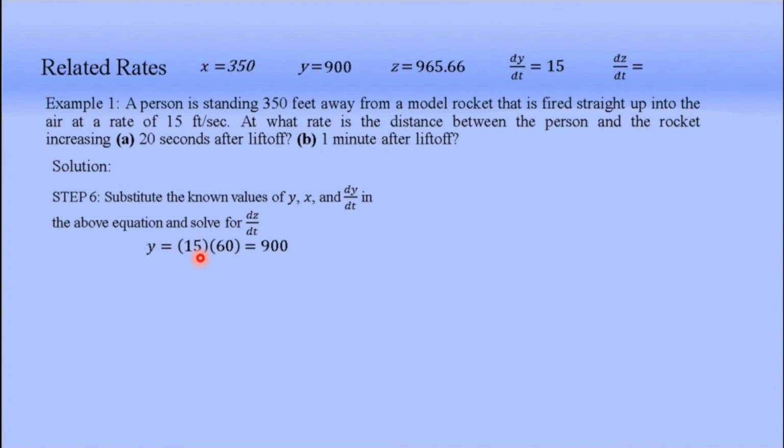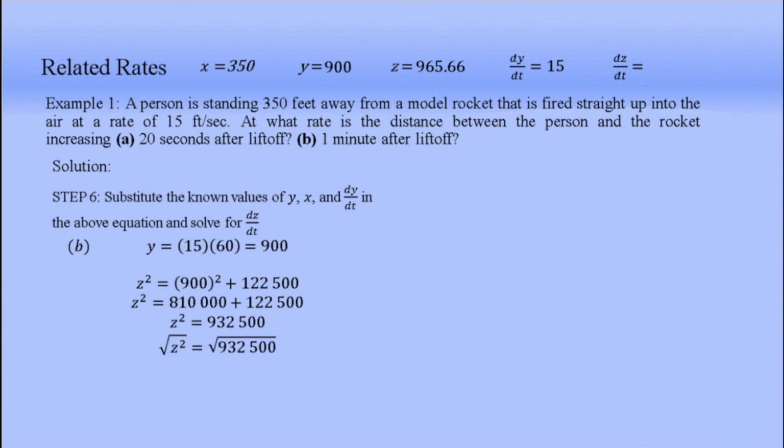Okay, so 15 times 60 is 900, so our y is 900. And then for z, we're going to use this, and we substitute y, so 900 squared is 810,000. 810,000 plus 122,500 is 932,500, and we get the square root of that. So z is 50 square root of 373, or the value of z is approximately 965.66.